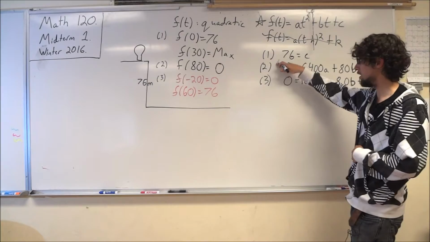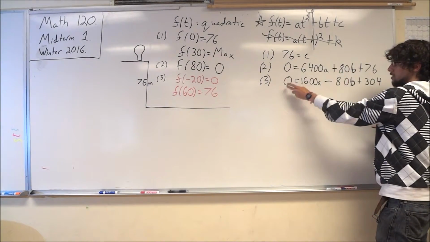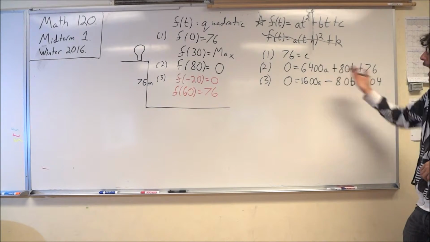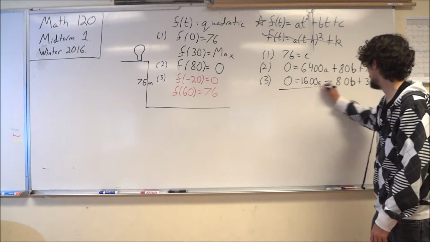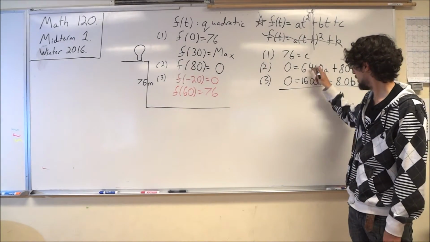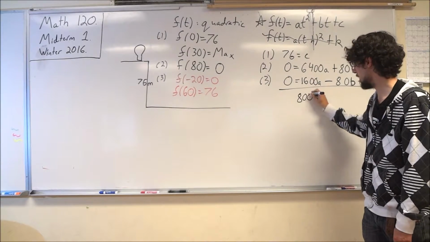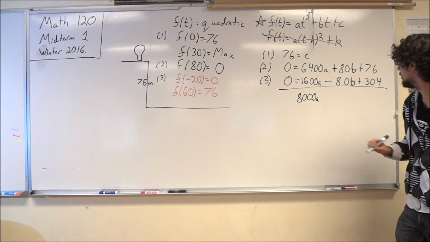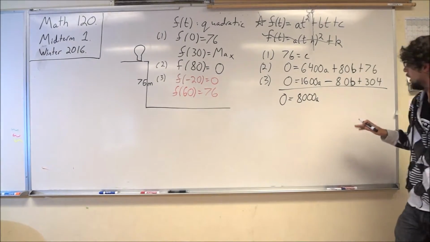Now, if I combine these 2 equations, just adding, I have that 0 is equal to this and 0 is equal to this. Certainly, if I add them up, I still will have 0. So what I find then by combining these equations is 64 and 16 is 8000a. This is going to be equal to 0.